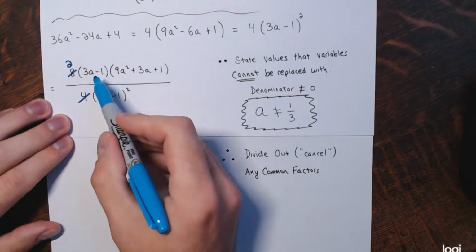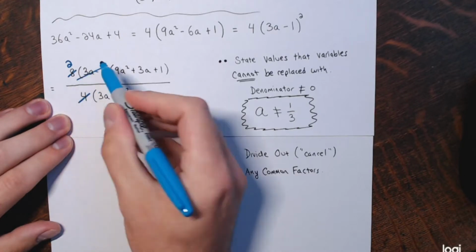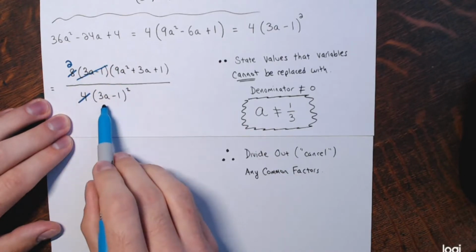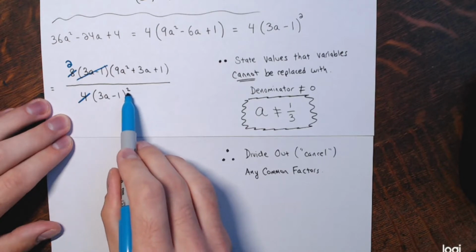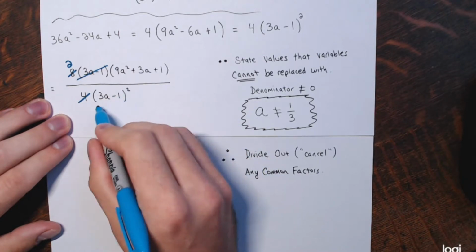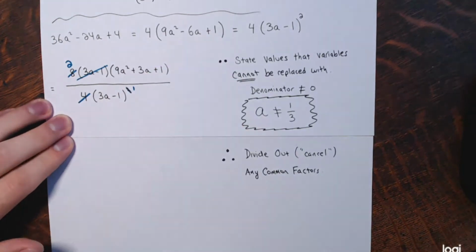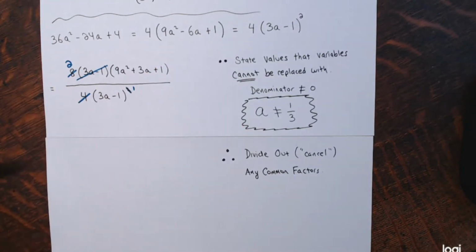Then the only other common factor I'm seeing is there's a factor of 3a minus 1 in the numerator, and there are 2 factors of 3a minus 1 in the denominator. So only one of those will cancel. So I'm not going to cancel the parentheses 3a minus 1. I'm just going to cross out the power and change it to the first power. We're just noting to myself that one of those factors is still remaining.